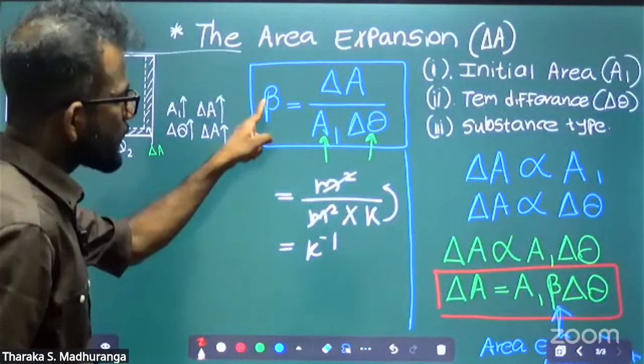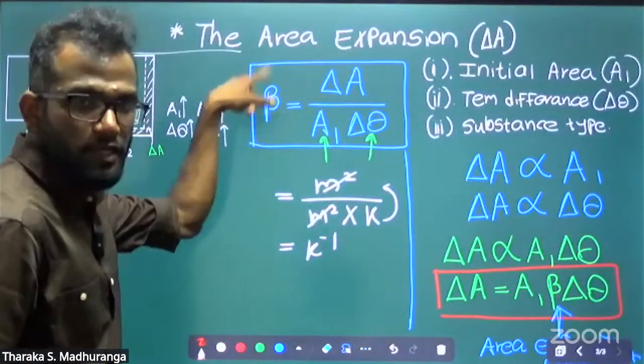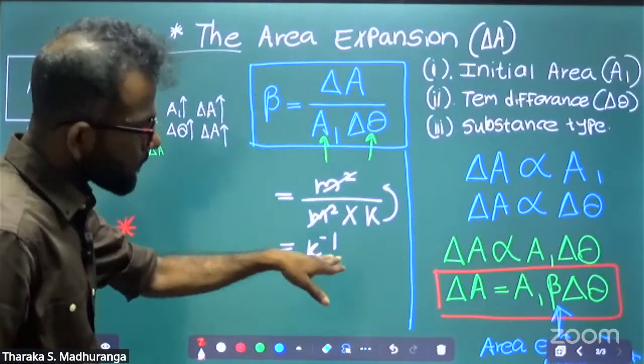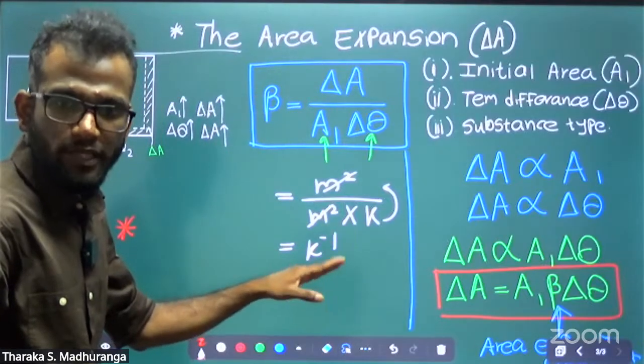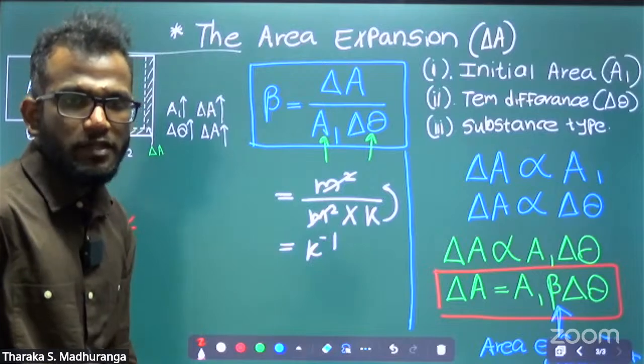Then write down the beta equation and make the unit the standard unit, per Kelvin.